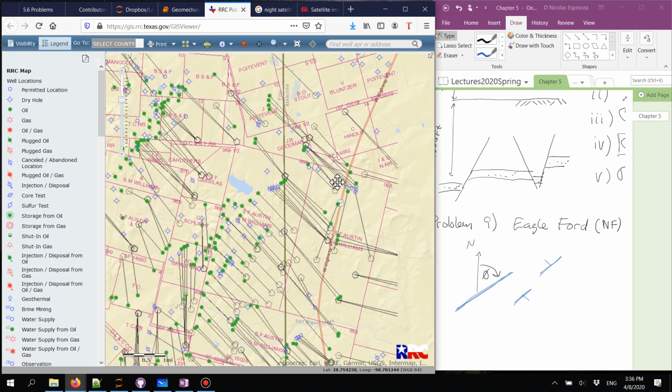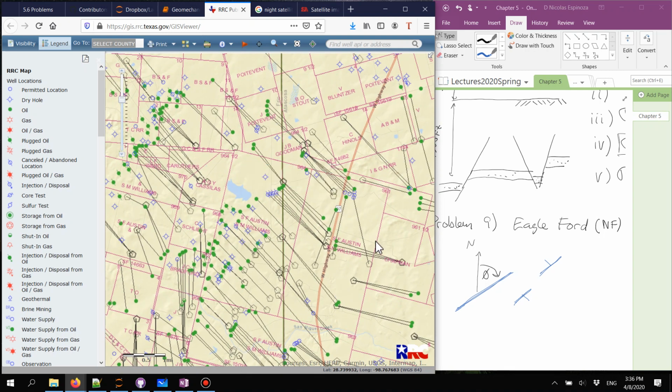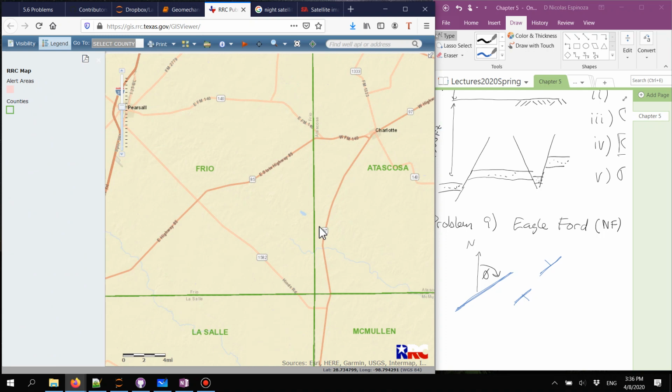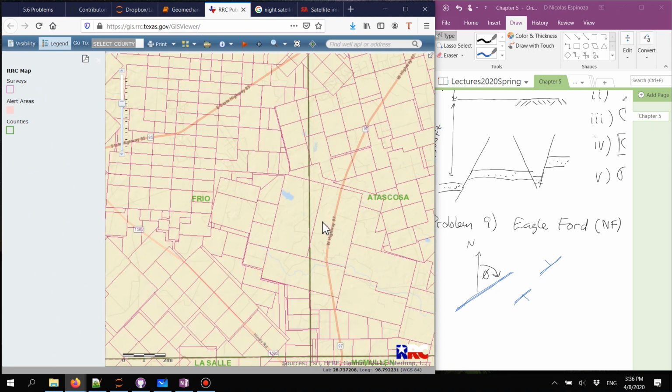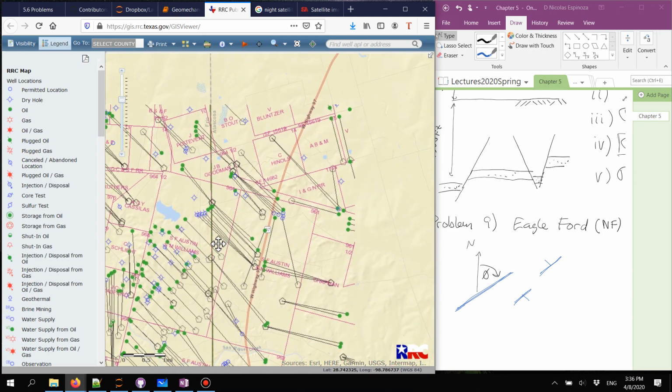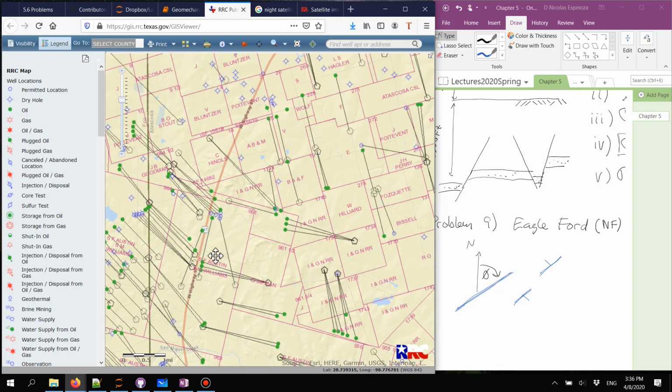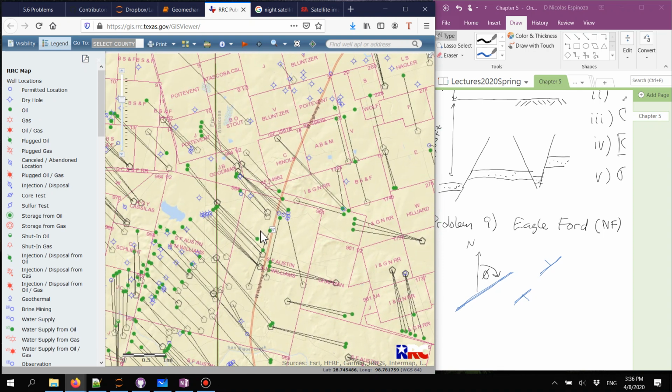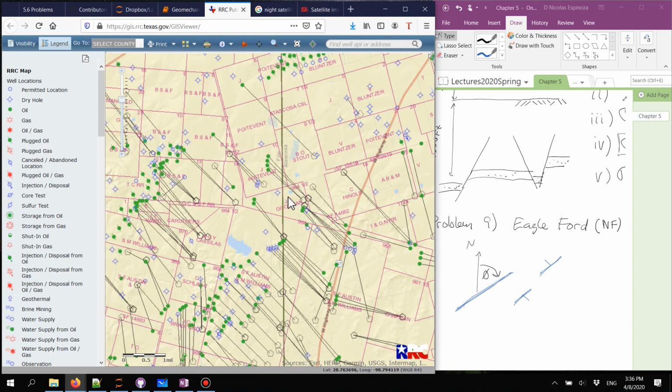So you can see that there are some other wellbores like this one or like that one or those ones that are not exactly oriented in this predominant direction, and that may be for some other reasons, probably some surface constraints. But if you zoom in, let me come back over here. If you zoom in enough, you will see that the predominant direction in this location is related to the direction of your faults.